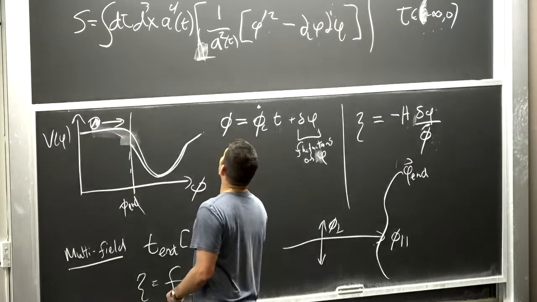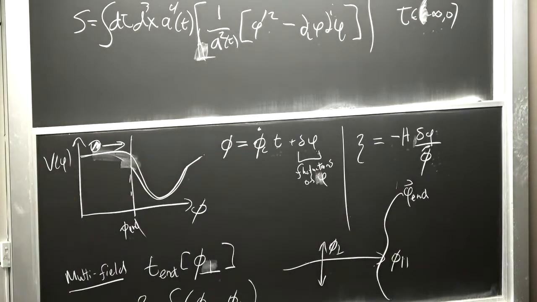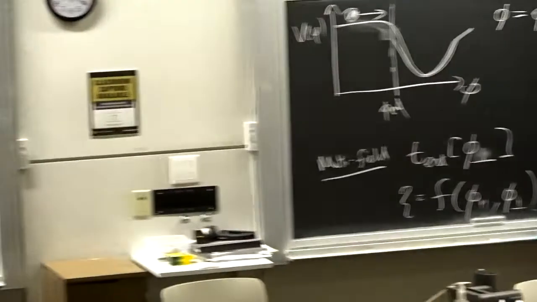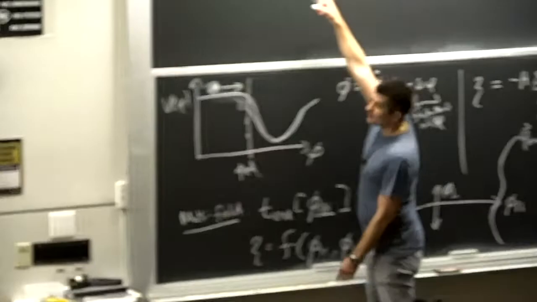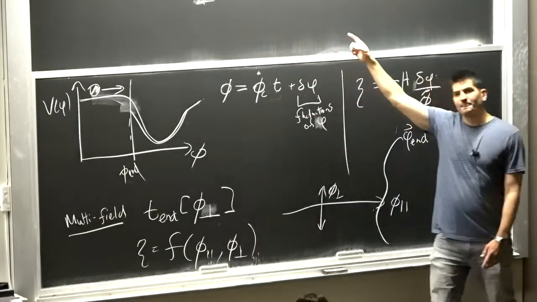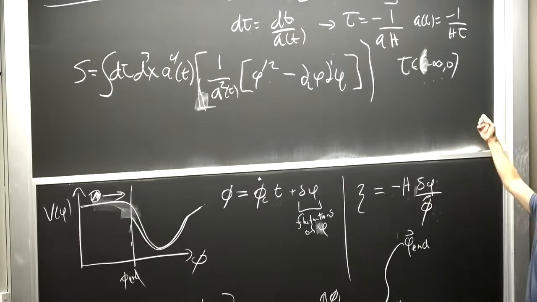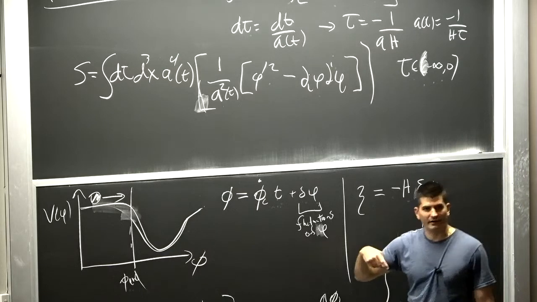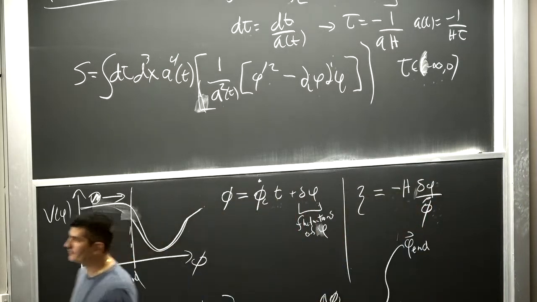OK, so this is the action. Now we just want to find the equations of motion. OK, so that's an exercise that's not too hard. The key thing to notice is because there's a net a squared out front, and a, remember, goes like 1 over τ, there's a net 1 over τ squared sitting in front of all of the derivatives.